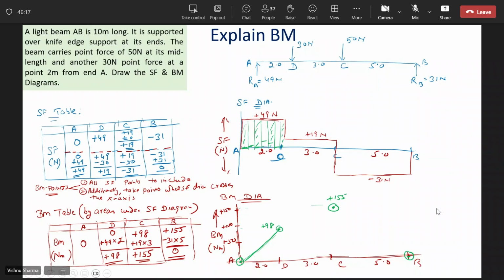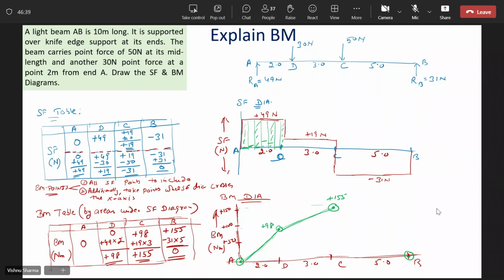Now I go again back to the SF diagram between D and C. Is the rate of change from D to C uniform? Yes, uniform. So again, I keep my scale at plus 98 and plus 155, and I join them with a straight line.